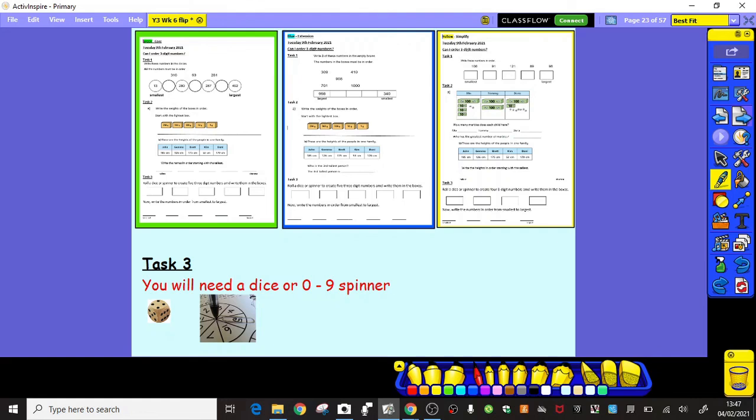And for task 3 today, you're going to need a dice or a 0 to 9 spinner. You can make a simple spinner by drawing a circle, dividing it into 10 segments and putting the numbers on. If you put a pencil in the middle, like you can see on the picture, and a paper clip or a hair grip or something that you can flick around to find you the number.